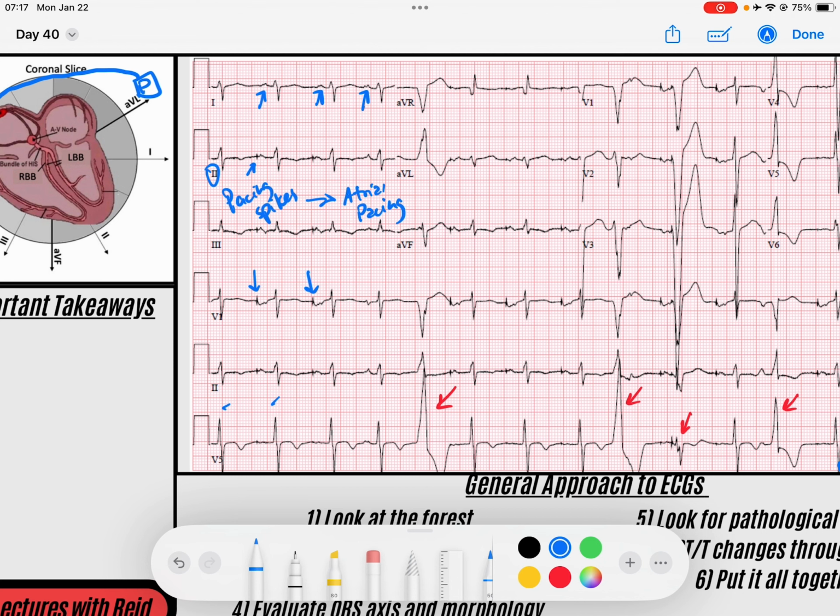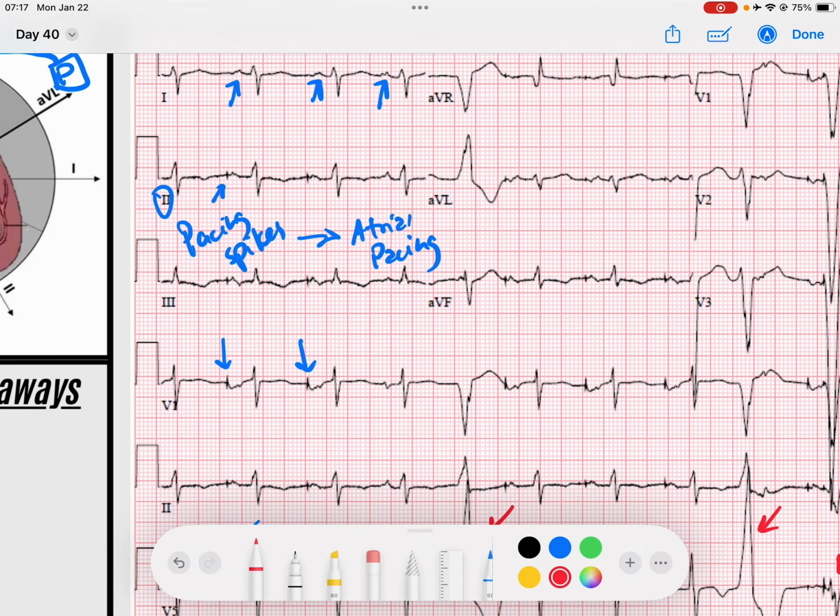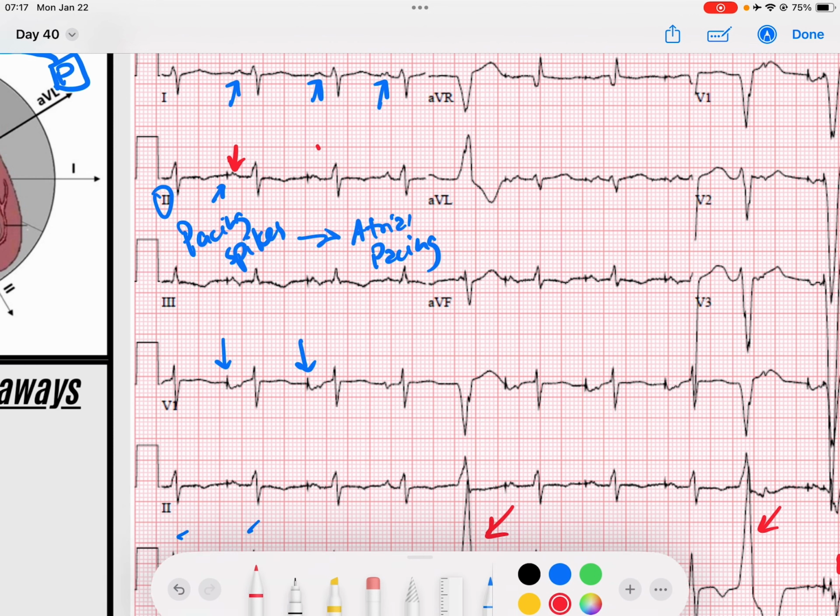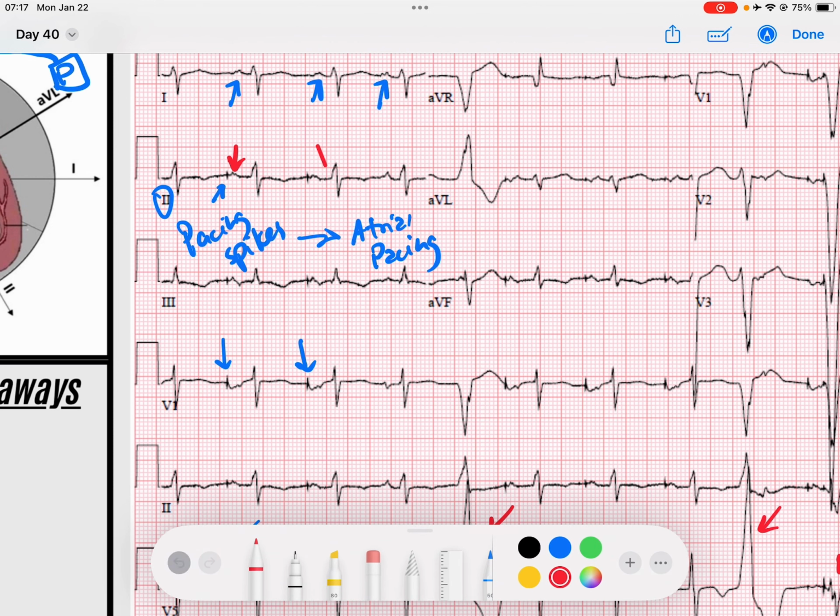Let's talk through what we should expect after we see an atrial pacing spike. We get an atrial pacing spike, we get our P wave, which occurs right after the pacing spike. That tells me the atria depolarized just after the pacing spike. And then we get a narrow complex QRS without a pacing spike. I don't see pacing spikes in front of these QRSs, so this is atrial pacing, but our AV node is functioning.